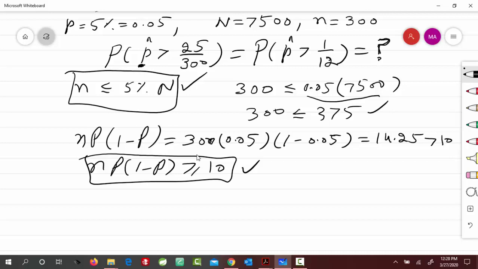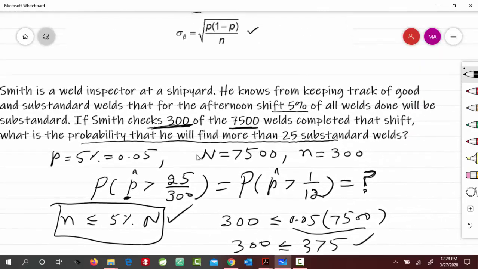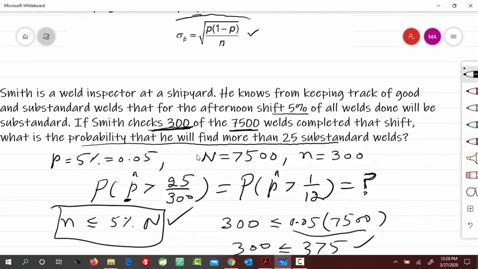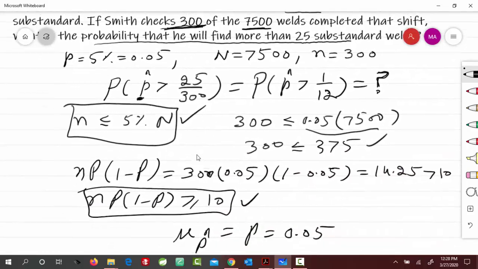If these conditions are satisfied, this model would work, and then mu p hat is equal to p, and p is 5%, 0.05. And sigma p hat is equal to, from this equation, the square root of p times 1 minus p divided by n.